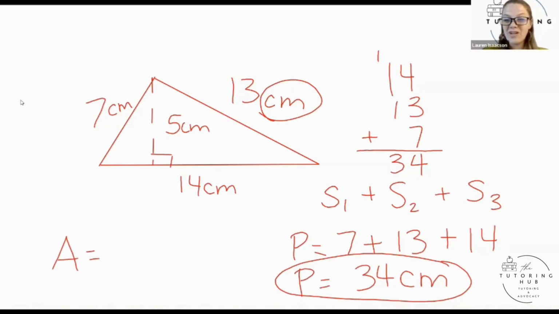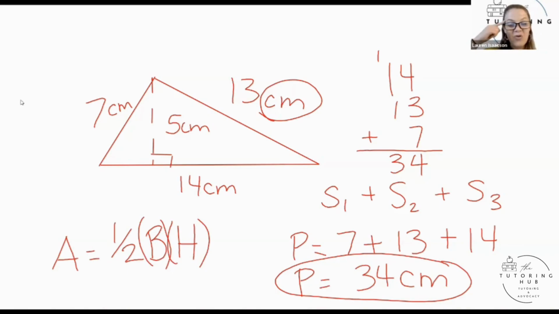So we want to think it's basically half. That is why when finding area, we do half the base times the height. When I have them in parentheses, we are implying or knowing already that it is multiplication.